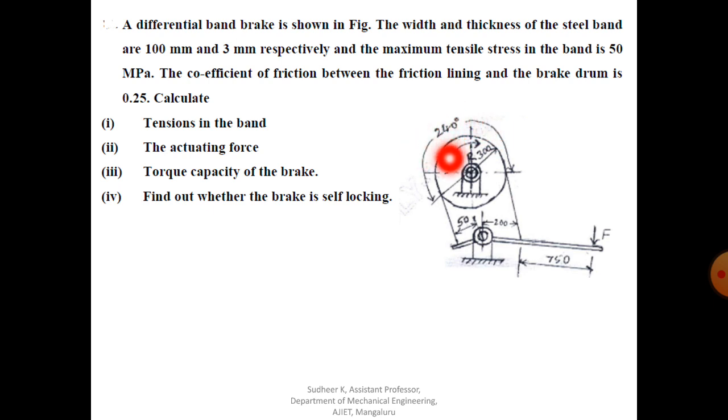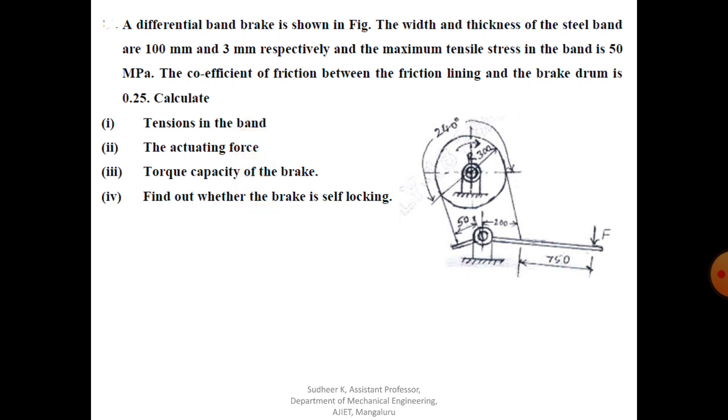You know the ratio of tensions: F1 divided by F2 is equal to e to the power mu theta. The design is almost similar to a belt drive, without considering velocity here. For that reason you need to find the tensions in the band, F1 and F2.